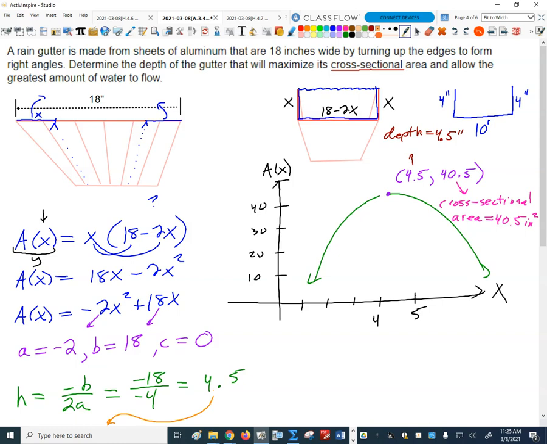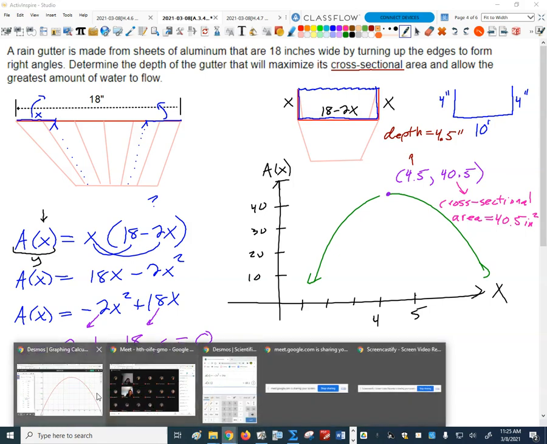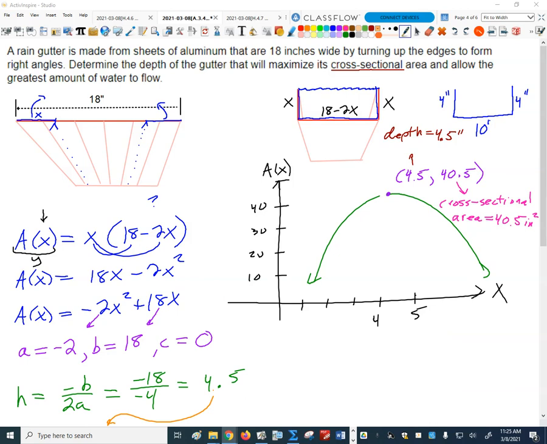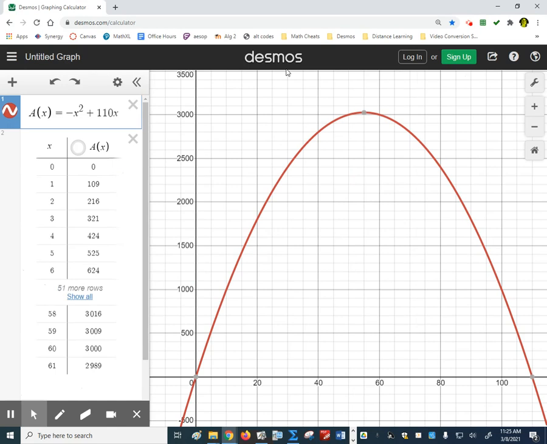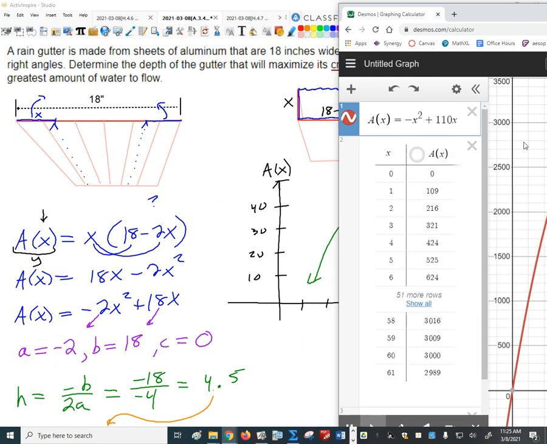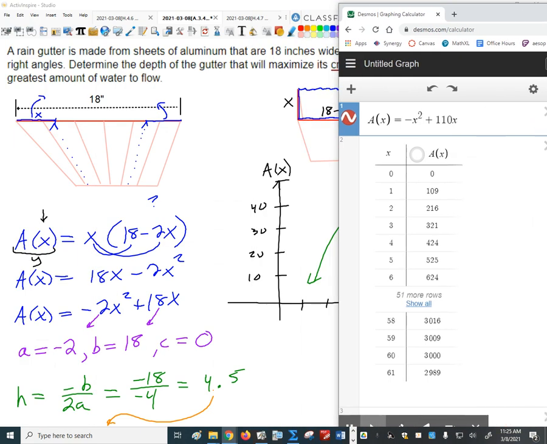I mean, I guess you could argue maybe you could go down and make a table in Desmos, but if I make a table in Desmos, look what happens. It doesn't even work this time very well. So here's my table in Desmos, right? I got to change my function this time.